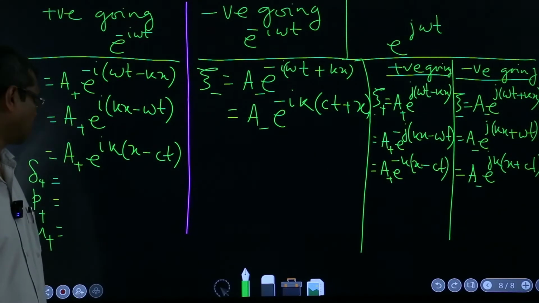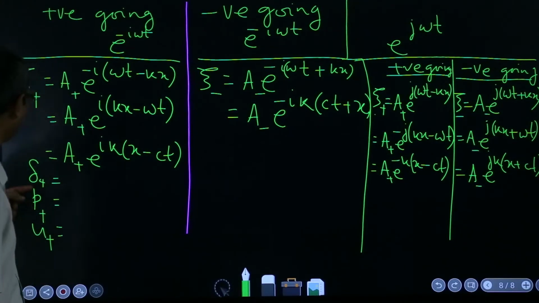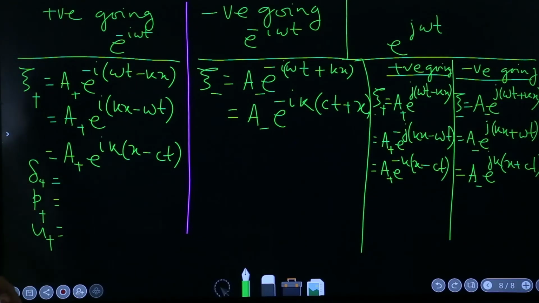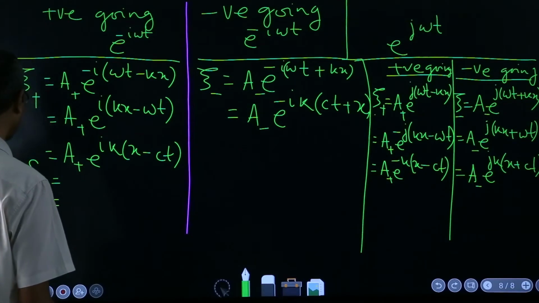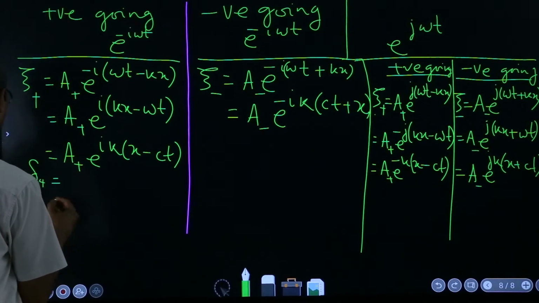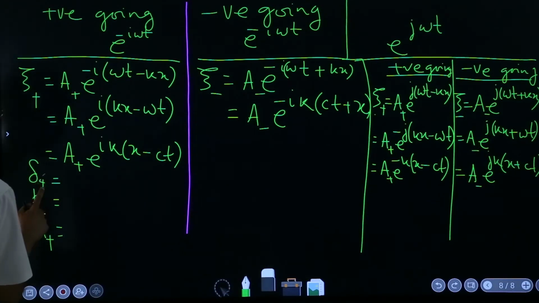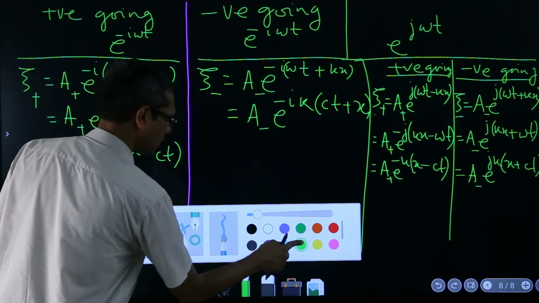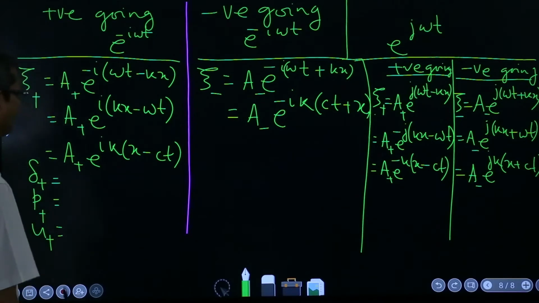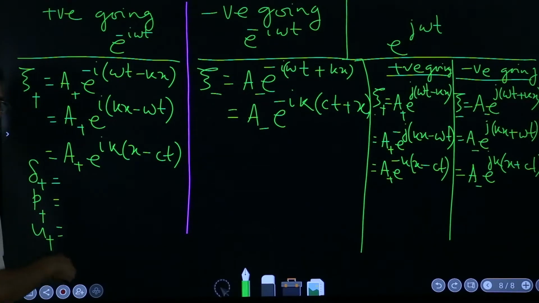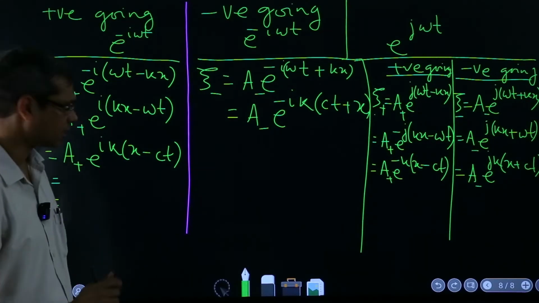Okay, but then the thing is, when you calculate them, you have to calculate all plus values and also minus values, and there you will see differences.